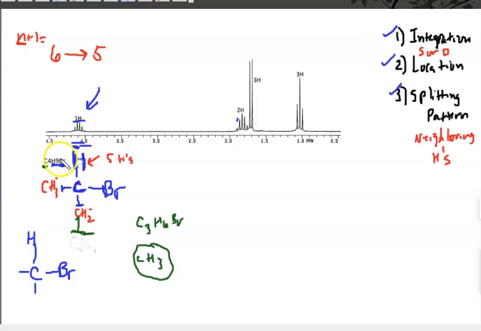If this was a chlorine, then obviously I would have a chlorine here. And then the splitting pattern, since it's a splitting pattern of 6, means there are 5 hydrogens next door to this carbon. So the only possible way to do that is 3 on one side and 2 on the other side. All right?